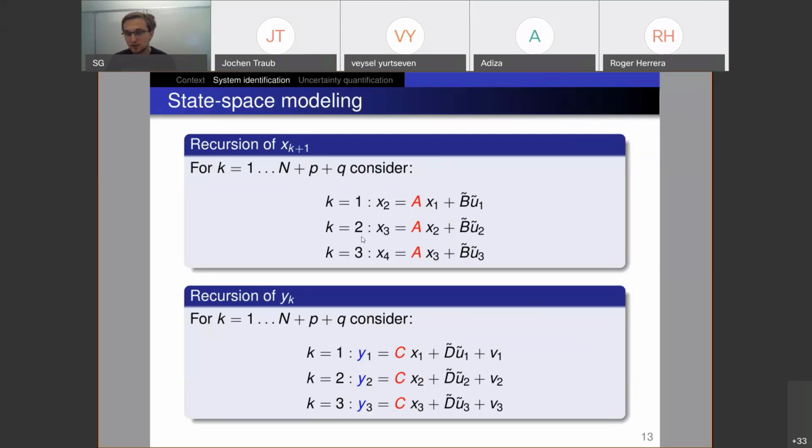So here, for example, we can see that when we consider state x3, we have A x2 plus B tilde u tilde 2, and if we insert x2 from the previous equation, we have A squared, and so on, resulting in quite long equations. And the same goes for the recorded output. So now we'll be trying to link those output sequences to our state and observation matrices.